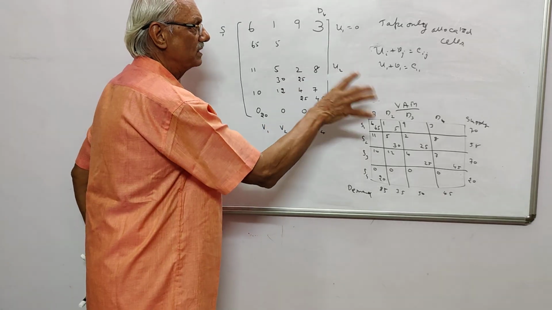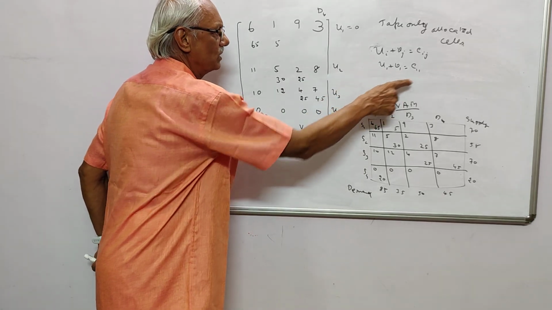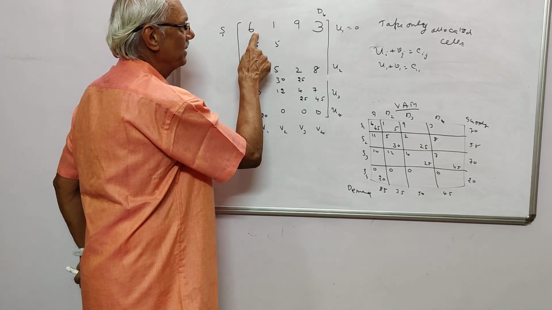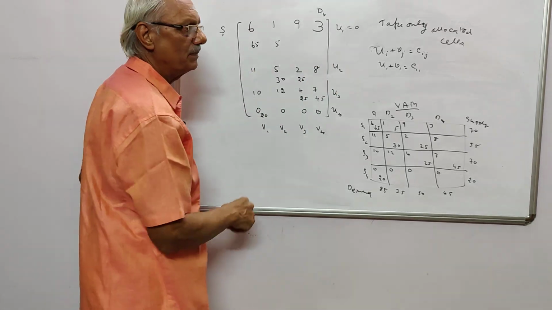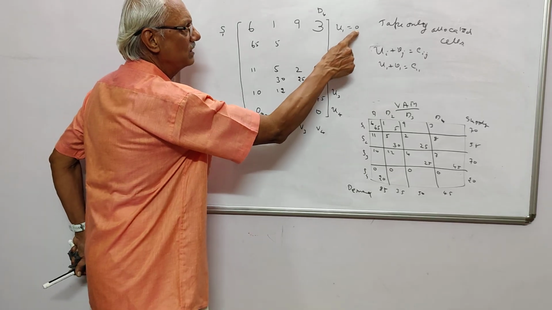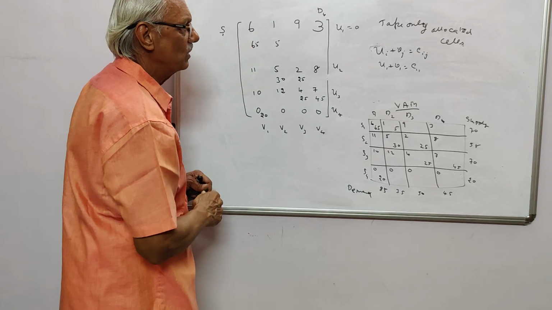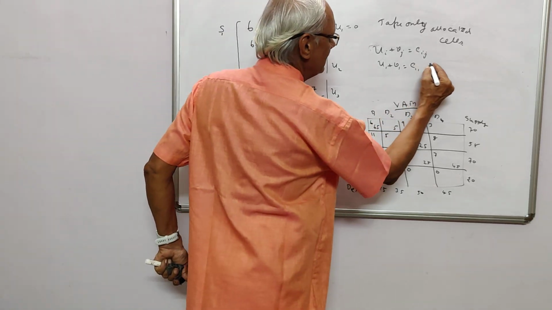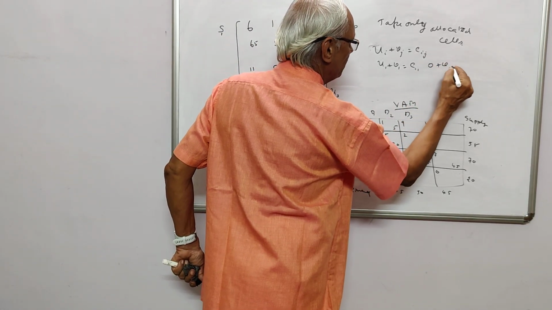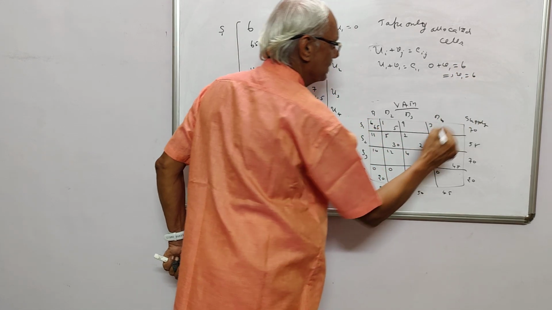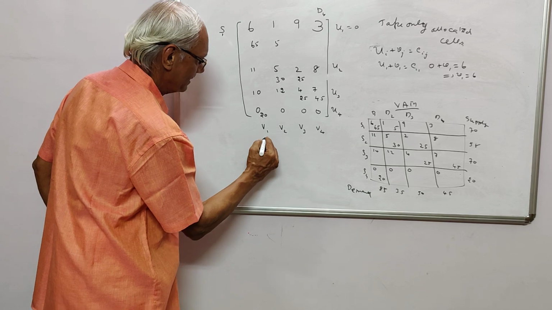That means 0 plus v1 is equal to 6, which implies v1 is equal to 6. Am I correct or not? So I am able to get this as 6.